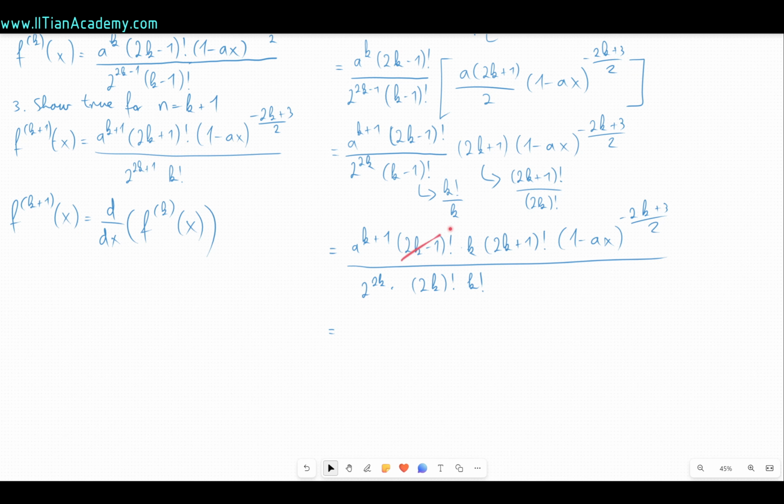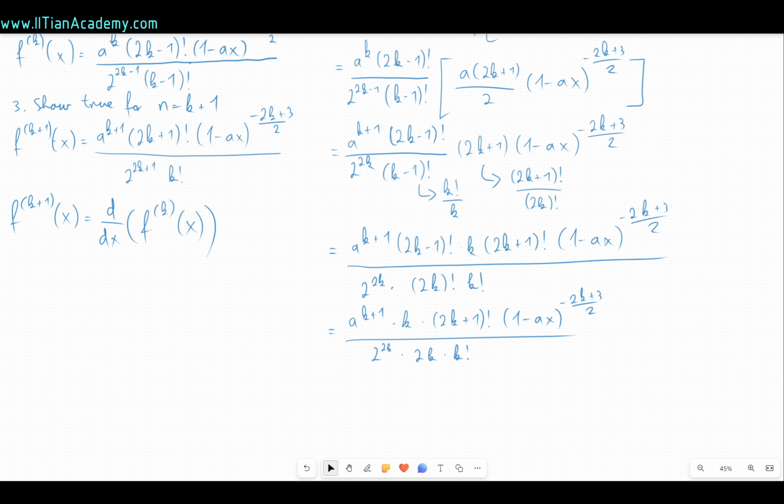So this can be removed from here, and this will just become a 2k. So let's rewrite that. So we have a to the k plus 1. So that from the top it will just get removed. So we have a times k times 2k plus 1 factorial times 1 minus ax to the minus 2k plus 3 over 2. And then we have a 2 to the 2k times 2k times k factorial.